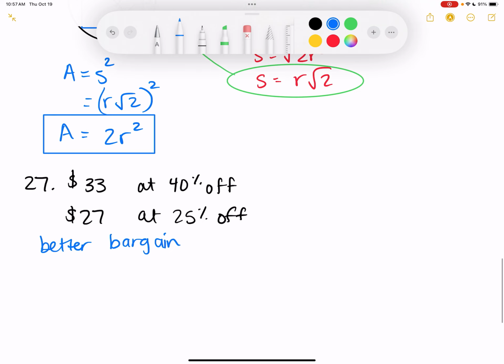We're going to take the price of the shirt and multiply it by the decimal of this percent. Okay, so the decimal is going to be 0.4 for this one, 0.25 for this one. So 33 times 0.4 and then 27 times 0.25.